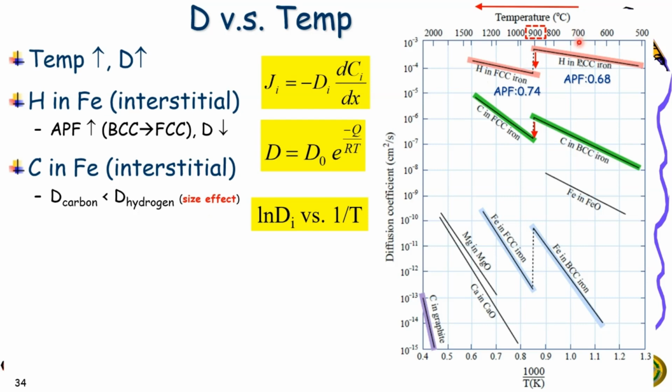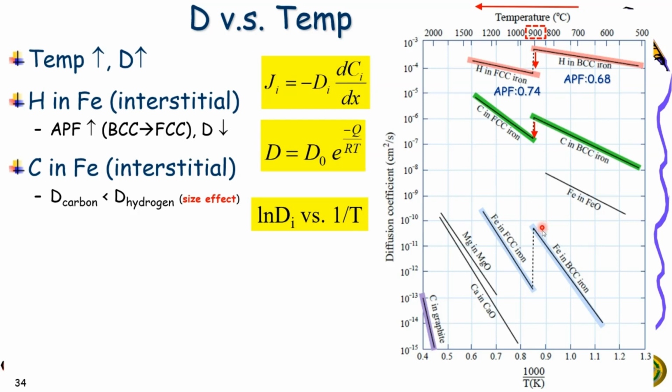At the same temperature, the diffusion of hydrogen is faster than the diffusion of carbon. And again, if you increase the temperature up to 900, the diffusion dropped. Why? Because of the structure effect, BCC and FCC.